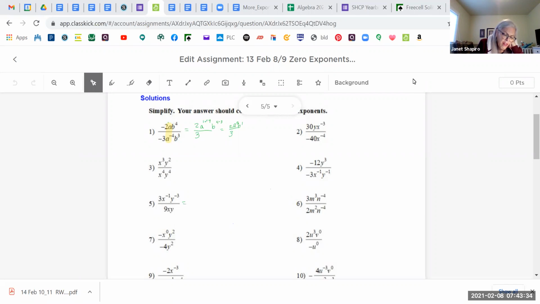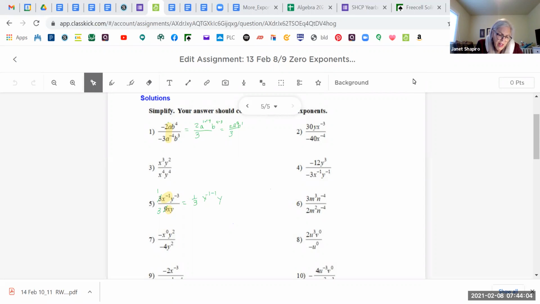I could simplify. 3 goes into 3 once and into 9 3 times. Okay, so I've simplified that. So I have 1/3. And then I can deal with the variables. I have x to the -1 and x to the 1st. So I would write that x to the -1 minus, because I'm dividing these fractions, these variables, minus a 1.